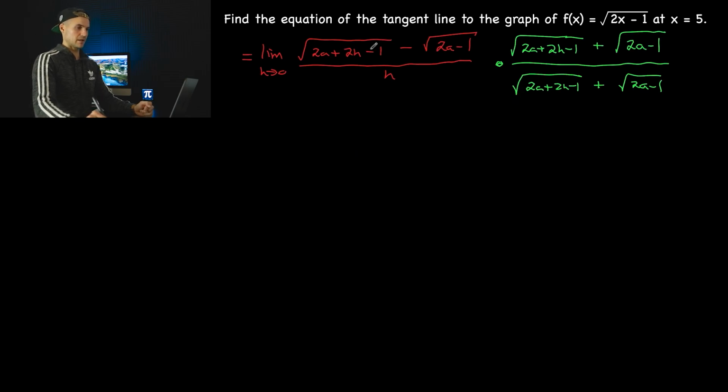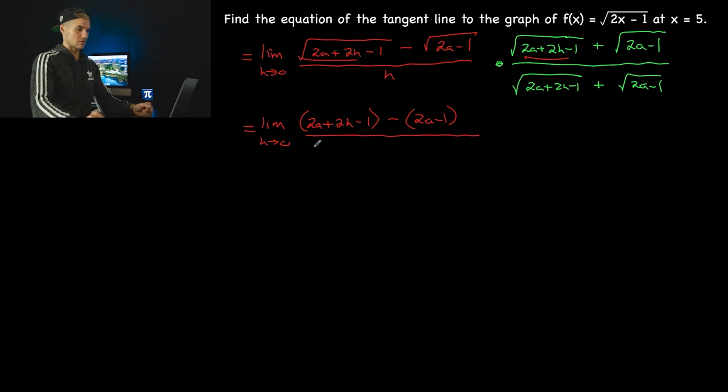So when we're multiplying this numerator by its conjugate, it's a difference of squares, so all we have to do is multiply the end terms together. So we'd end up with the limit as h approaches 0 of 2a plus 2h minus 1 minus, root 2a minus 1 times root 2a minus 1 is 2a minus 1, like that.